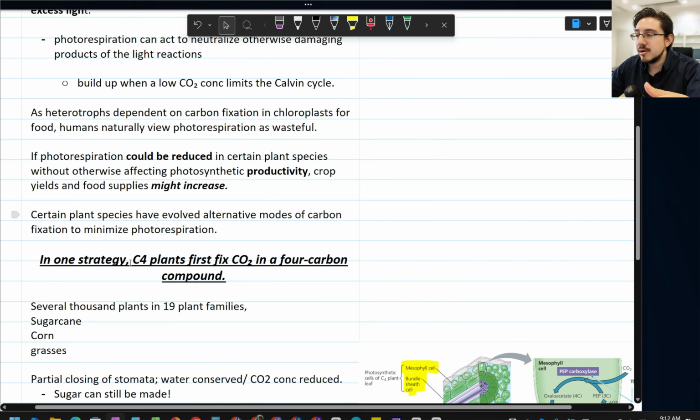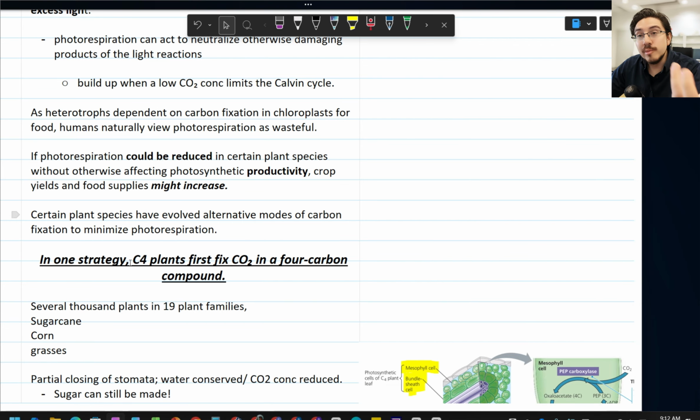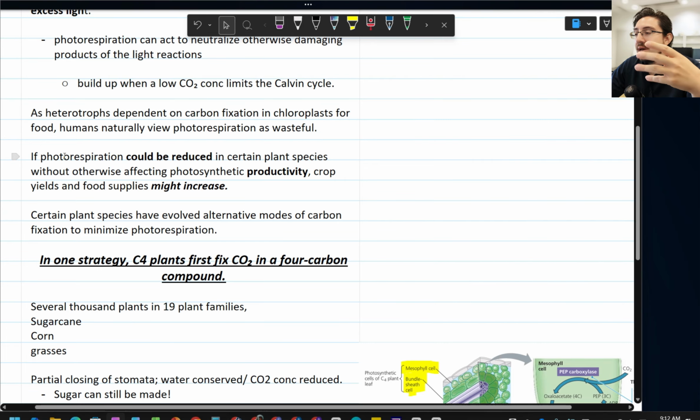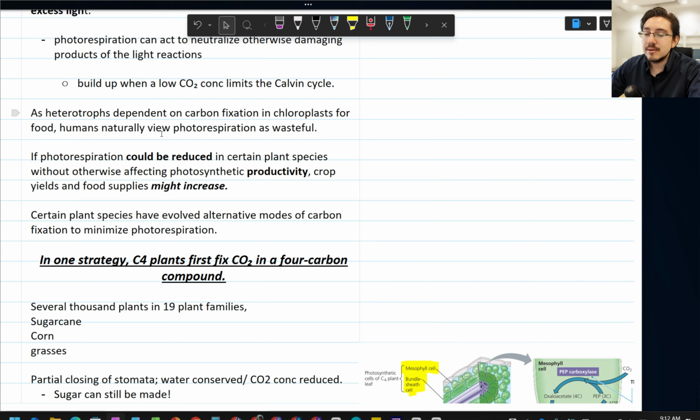So heterotrophs are dependent on carbon fixation in chloroplasts for food. Humans, and this is quite interesting, naturally view photorespiration as wasteful because we want chloroplasts to be producing sugars as part of the Calvin cycle.